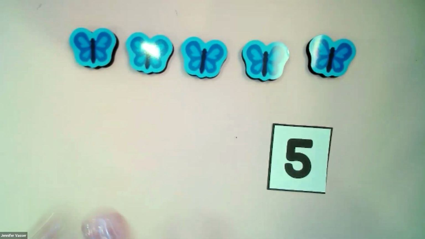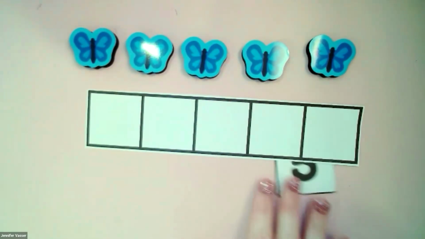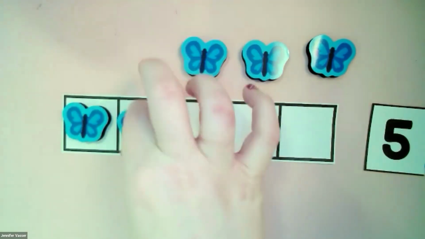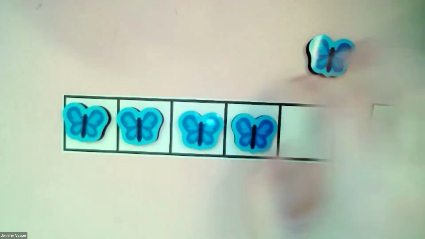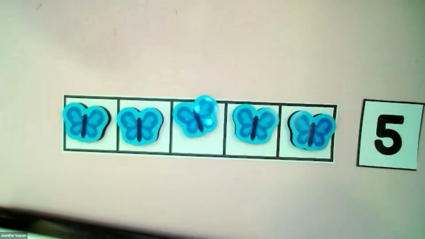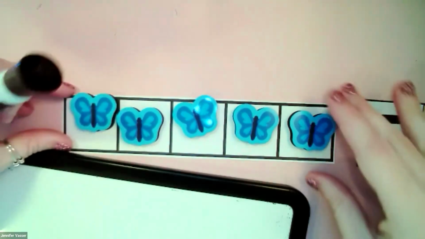We can use our 5 fingers. We can also use a 5 frame to represent the quantity 5. And we can also use dots to represent the quantity 5.